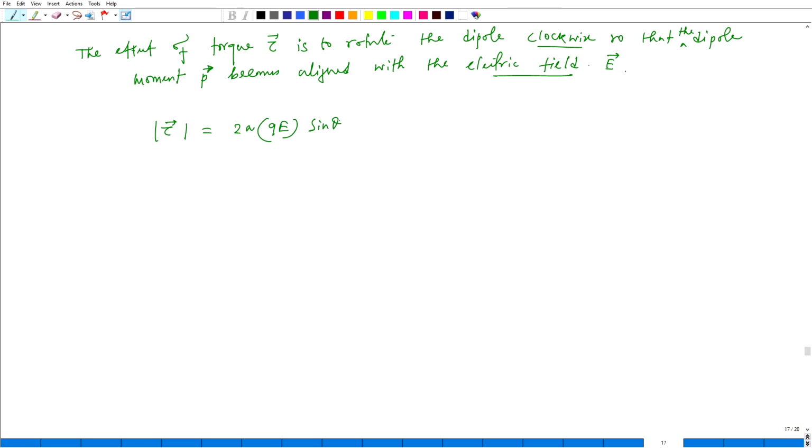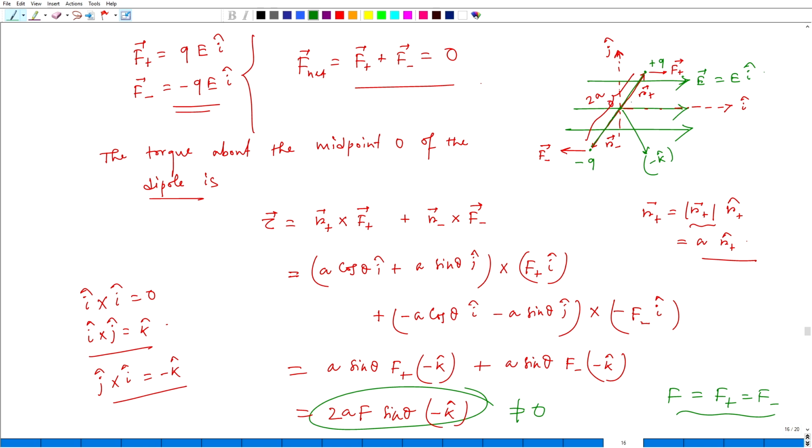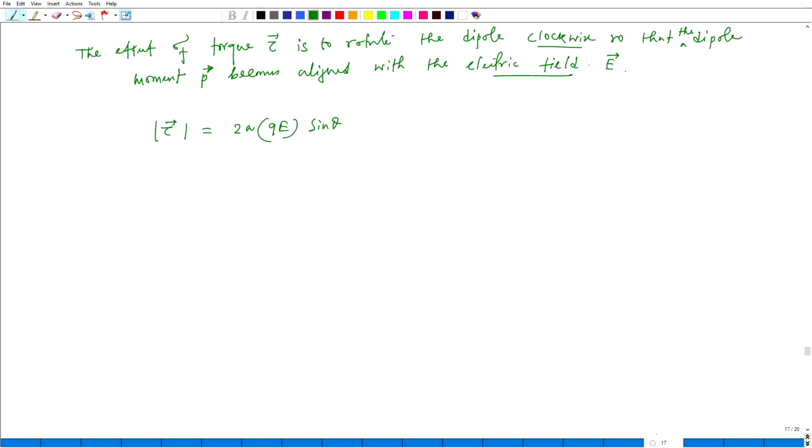Here theta is the angle, so this is sin theta. In terms of the dipole moment P, you know that P is 2qa, the charge times the distance between the two charges.